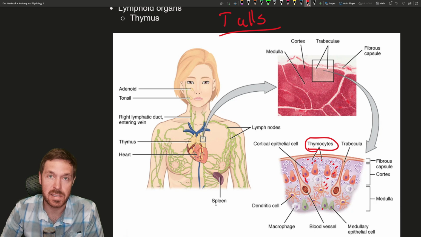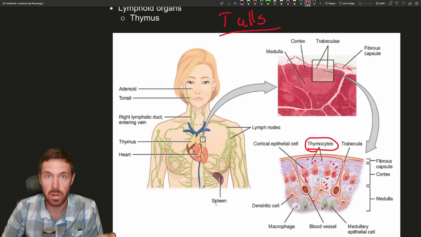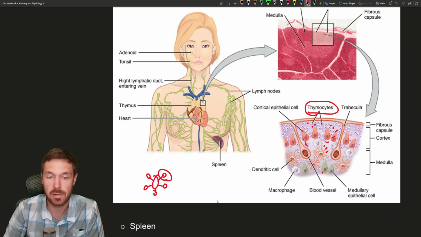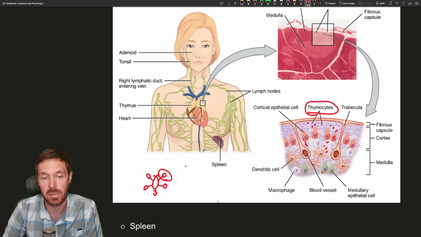A naive T cell is an unactivated one. They then patrol and move around the body, go through the lymph nodes and through the cardiovascular system until something comes in and activates them. So, something like, we all know of COVID, has the spike protein sticking off of it. So, when this spike protein, that's a surface antigen, gets recognized by T cells as a foreign object, your T cells then activate.